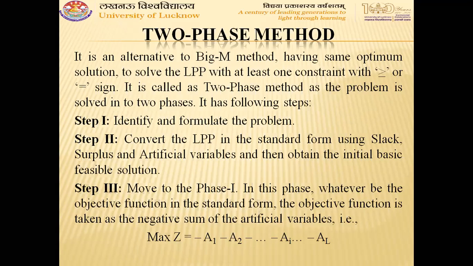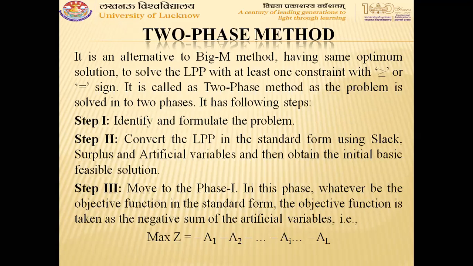Now, after obtaining the initial basic feasible solution, the first phase of this method is started. And in the first phase, we take the objective function as the negative sum of the artificial variables.